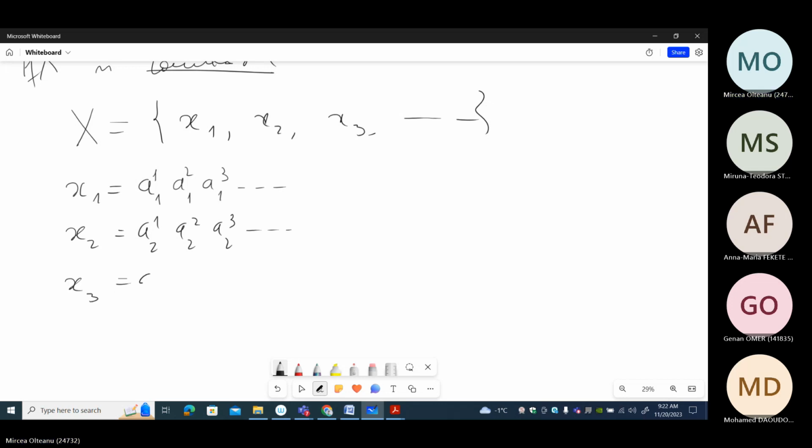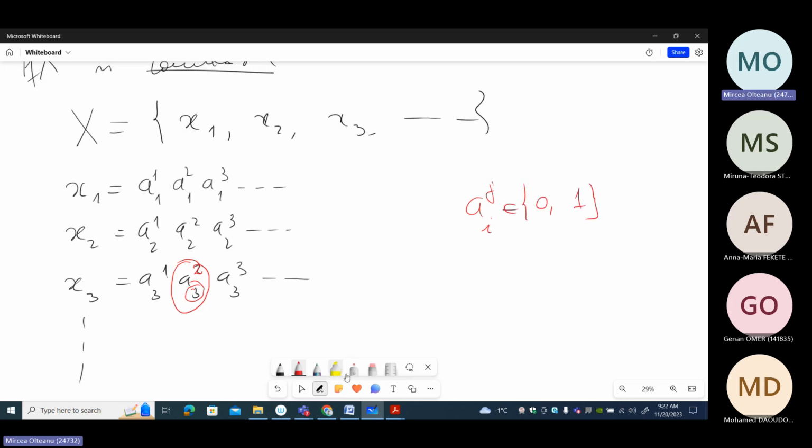X3, and so on, and so on. For example, what do we mean by A32? We mean that this is a symbol in X3 because of this 3. And what position in X3 has this symbol? It has the second position. So all these elements A_ij are nothing but 0 or 1, of course.